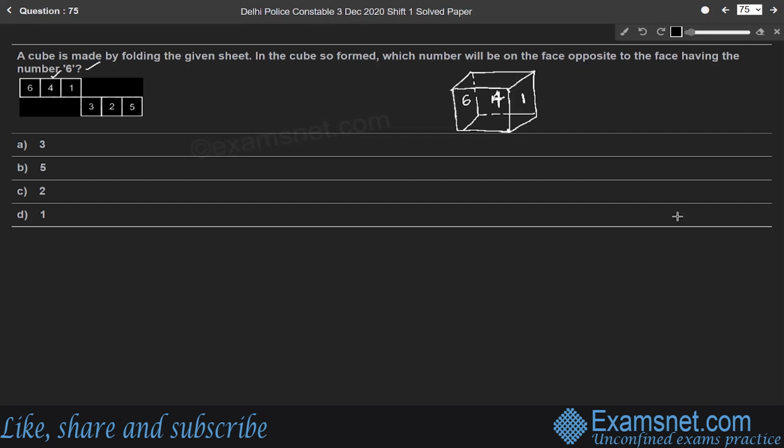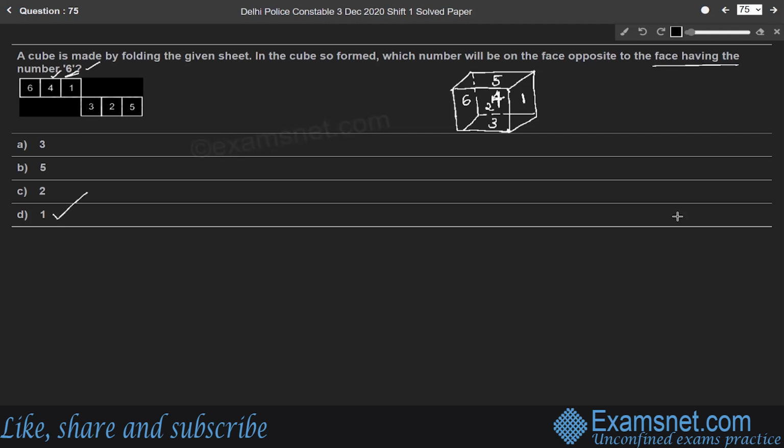So 3 becomes the bottom face, 2 becomes front and 5 becomes top. Therefore, 1 and 6 are opposite faces. The face opposite to face 6 is 1.